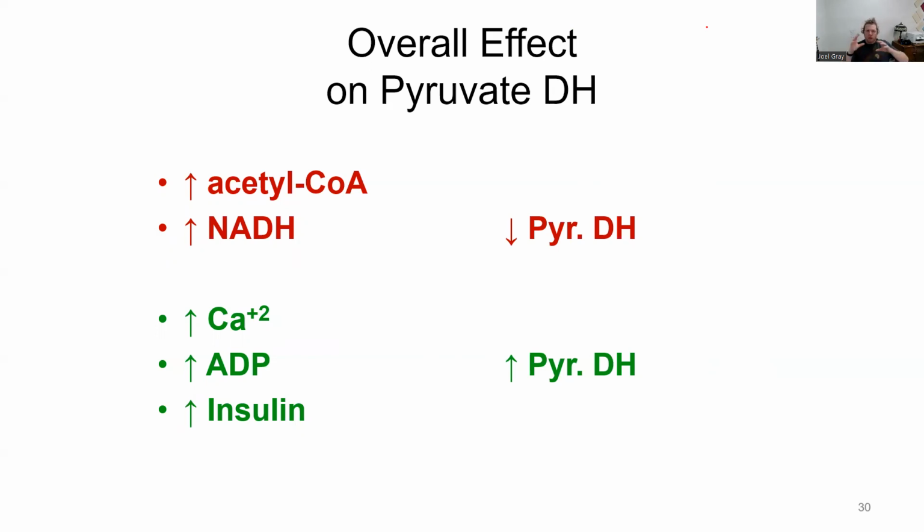All right, so we've stepped our toes gently into the pool of regulation of the metabolic pathway. It's very complicated. We've had a fairly narrow scope of our enzymes and metabolic pathways.